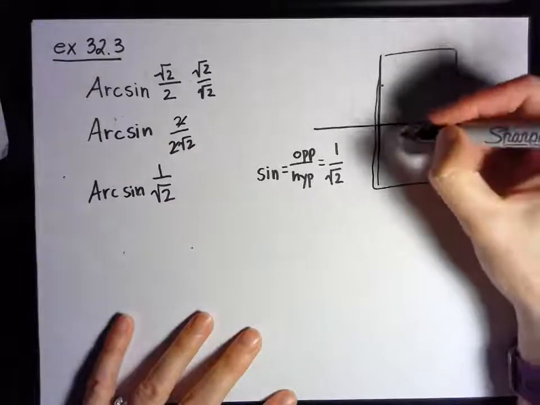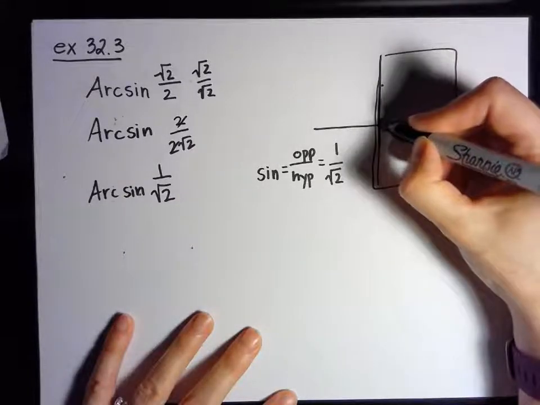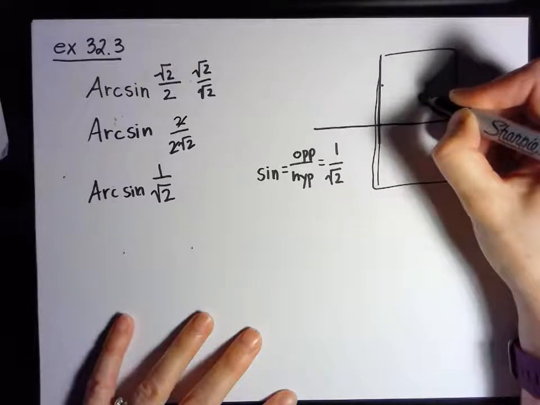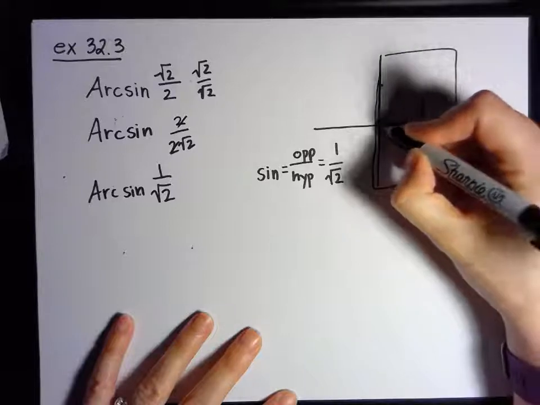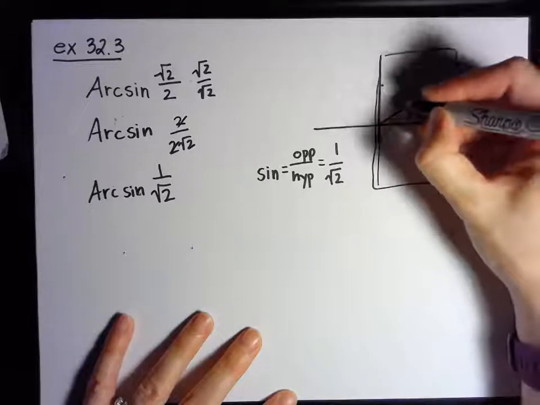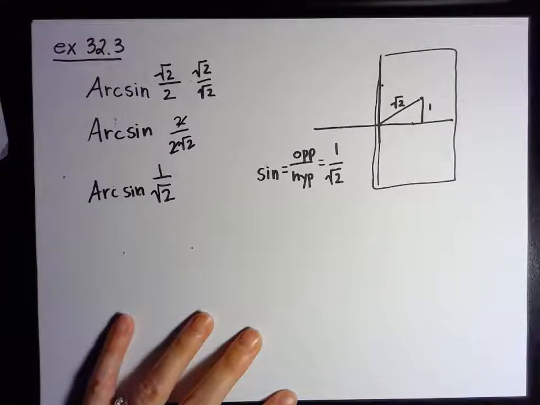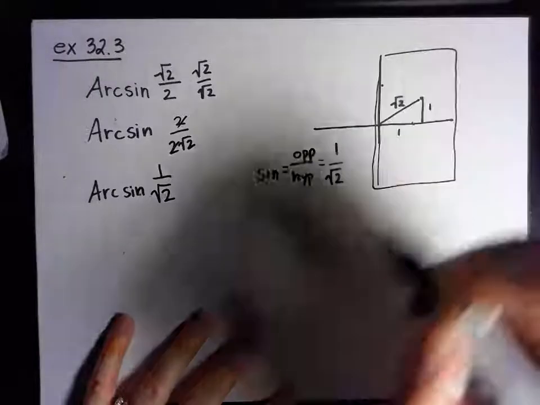So we would have some angle, and the opposite would have a value of 1, and the hypotenuse would be the square root of 2. What must that other side be? Oh, it must be a 1.